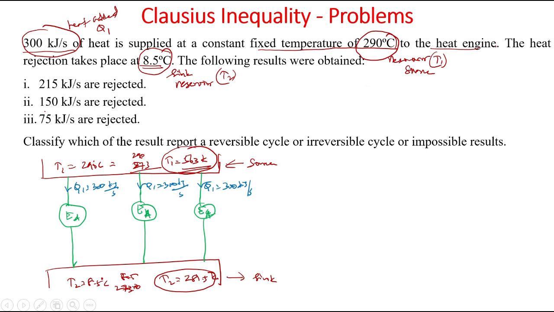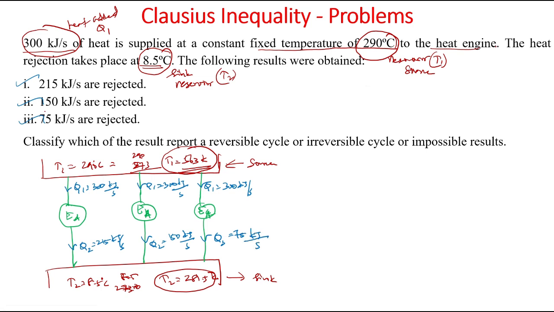But in the first case, the heat rejection Q2 is equal to 215 kilojoules per second. In the second case, Q2 is equal to 150 kilojoules per second. In the third case, Q2 is equal to 75 kilojoules per second.